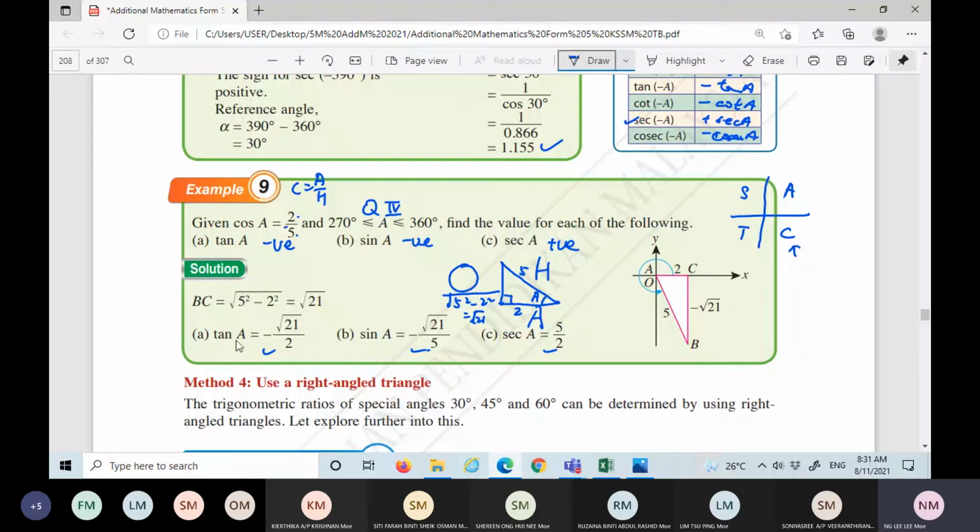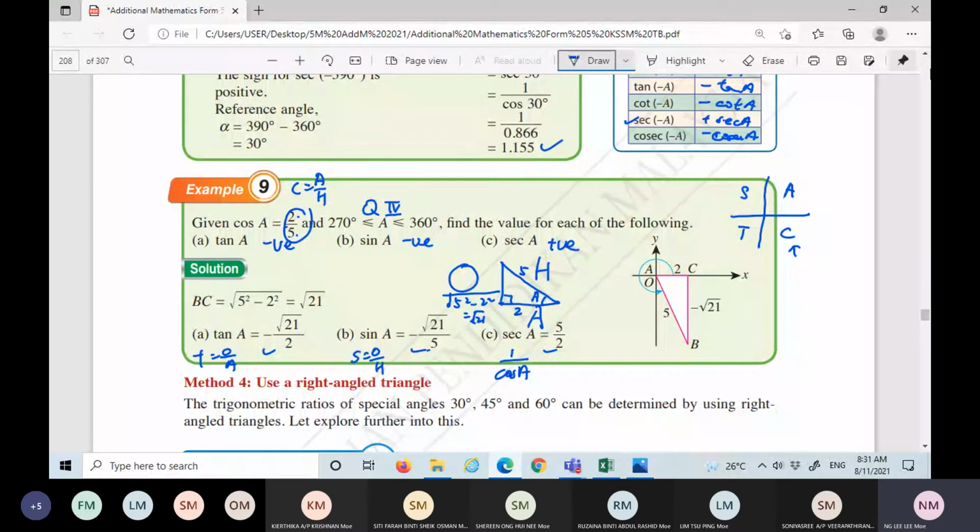Tangent is O/A, so it's square root 21 over 2. Sine is O/H, square root 21 over 5. Then make sure the sign is correct. Secant is 1/cos, so 2/5 becomes 5/2. Finish. So this is example number 9.